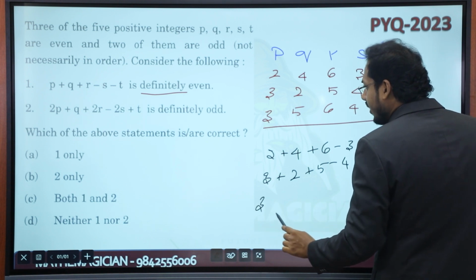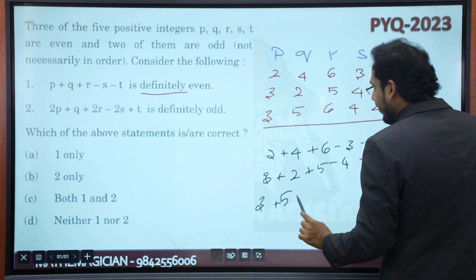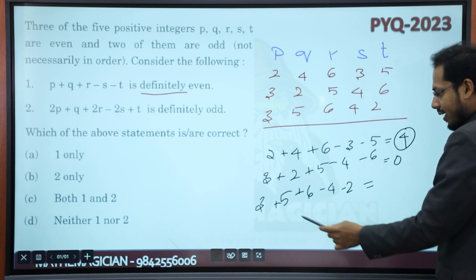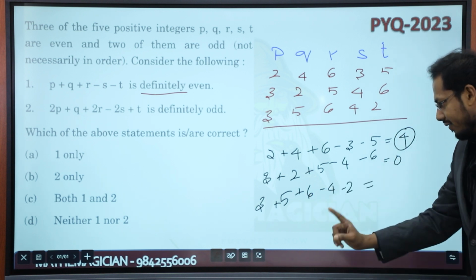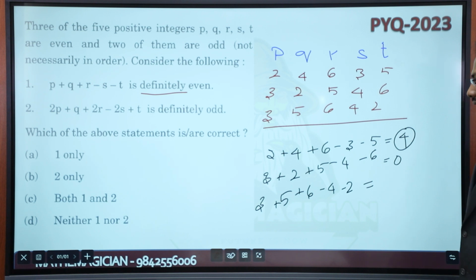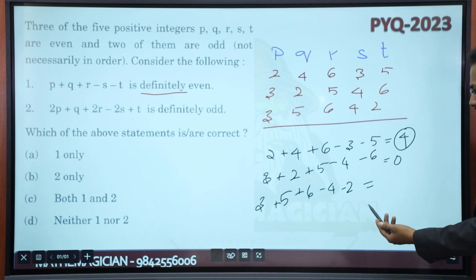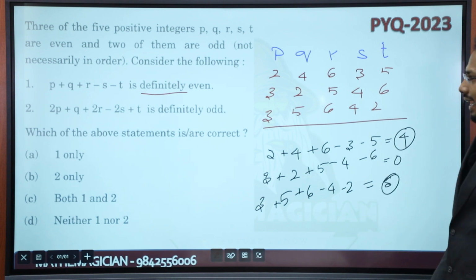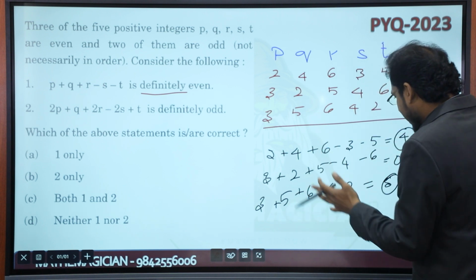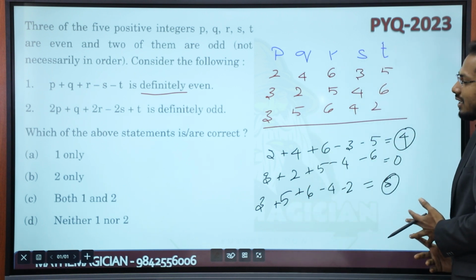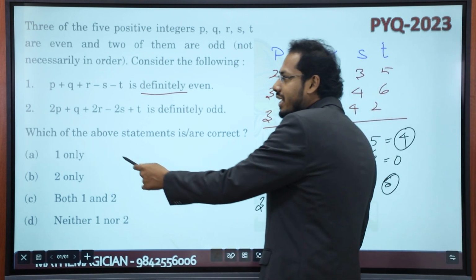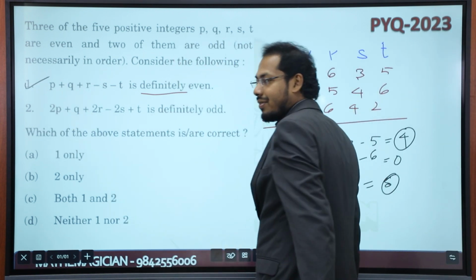Then 3 plus 5 plus 6 minus 4 minus 2. 6 plus 5 is 11, 11 plus 3 is 14, 14 minus 6 is 8. I got an even number. So as of now, whatever combination I take in different ways, it gives even. So the first statement is right.